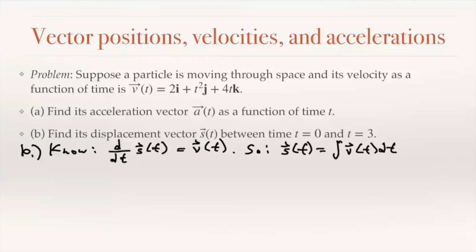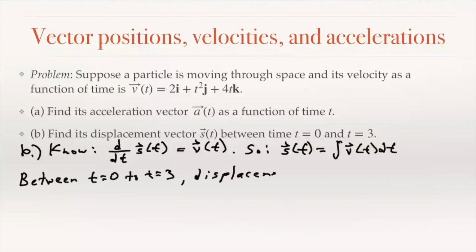Taking the indefinite integral, we'll have that arbitrary constant, because given the velocity, we don't actually know where the particle begins. However, we can still find the displacement, because a difference in position, the arbitrary constants will cancel out.